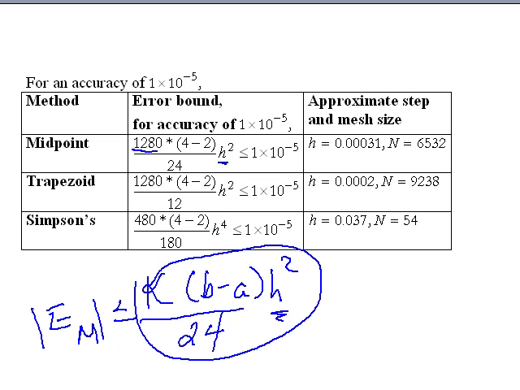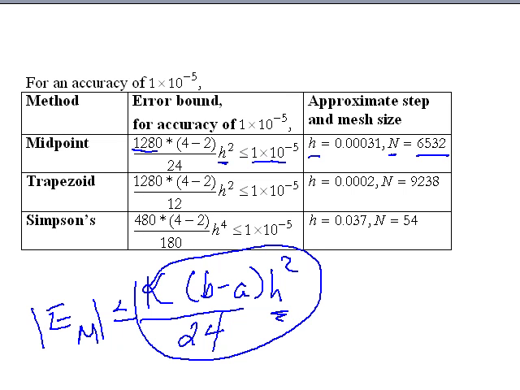I don't know h squared, but I know I want this error to be less than 1 times 10 to the minus fifth. So I solve for h, and I can turn around and solve for n, and I need a mesh that gives me 6,532 subdivisions for the midpoint rule to have an accuracy of less than 10 to the minus fifth.